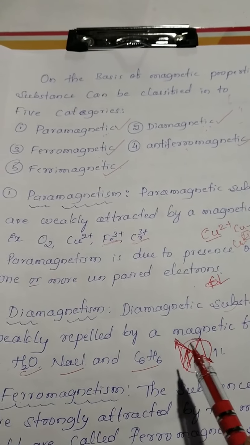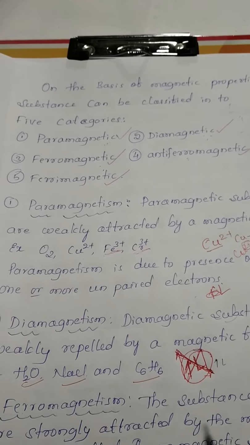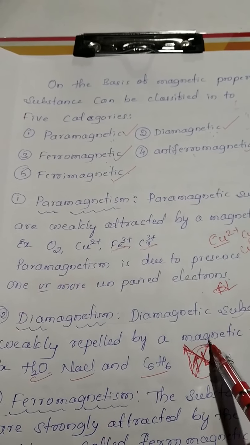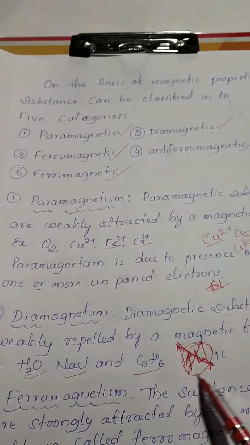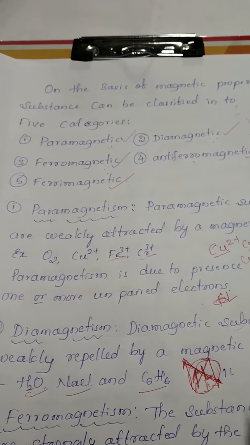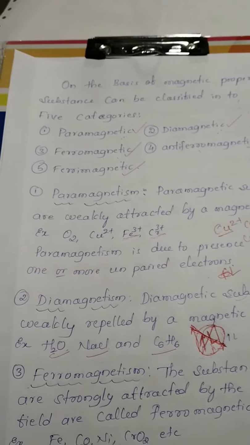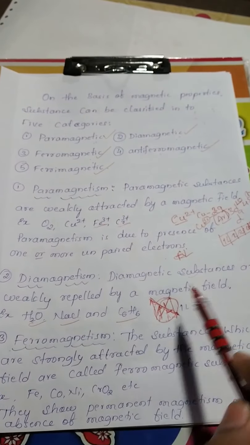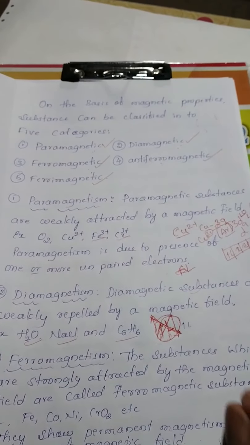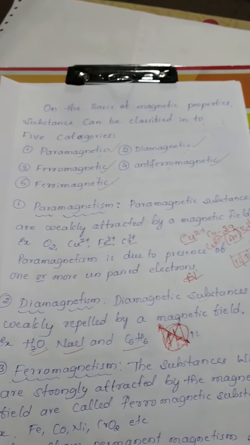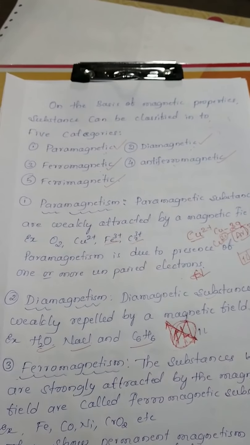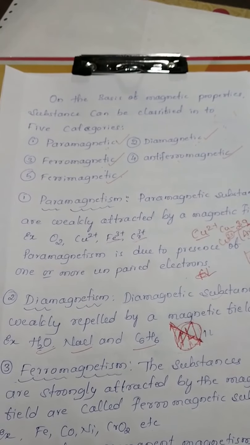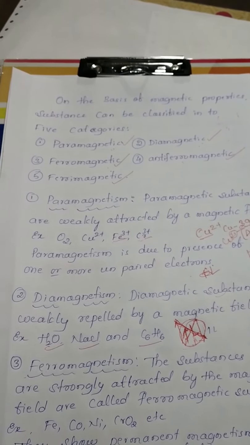When you place this type of substance in the magnetic field, it is weakly repelled by the magnetic field. Diamagnetic substances are weakly repelled because they do not contain unpaired electrons, only paired electrons, and in paired electrons, magnetic moments are cancelled out.